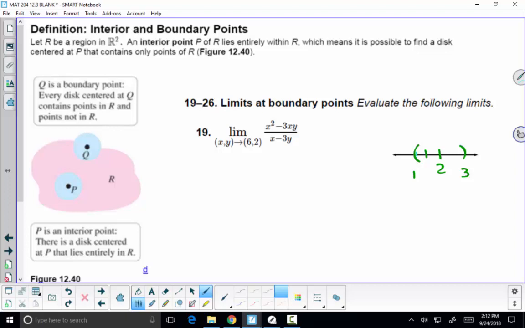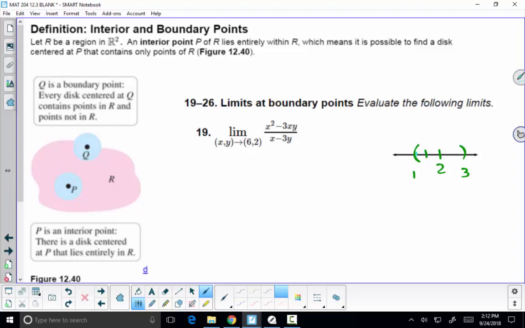So as long as you're to the right of 1, you're dealing with interior points, because every single number to the right of 1 will have a tiny little open interval that's contained in the interval 1 to 3. So in this concept, the endpoints are not allowed to be considered in the interior. They're excluded, yes. So 1 and 3 in this case are going to be defined as boundary points.